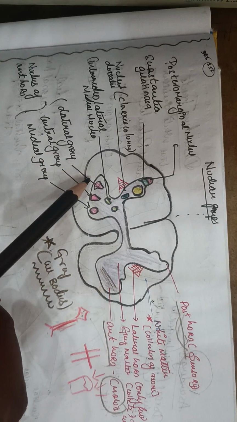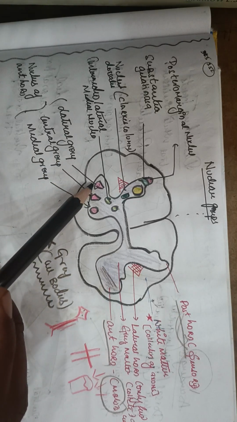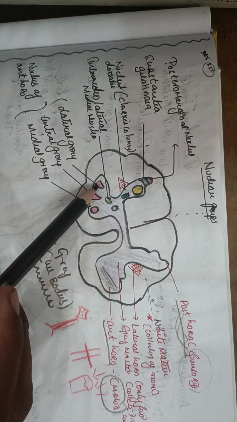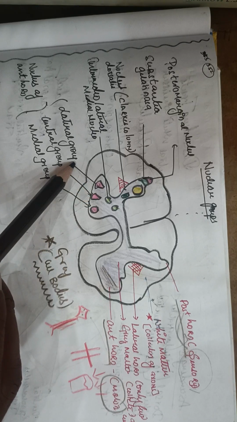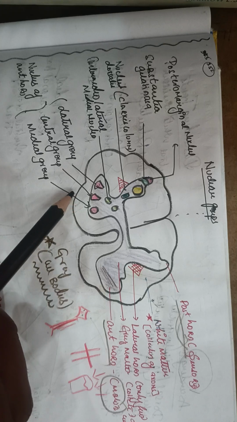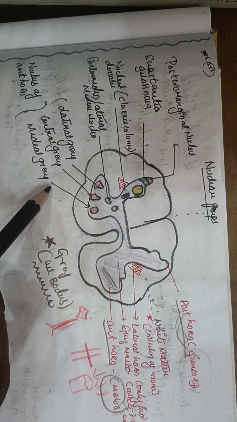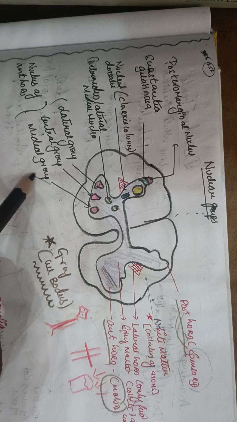This is the lateral nucleus. The one which is present in the central group or intermediate nuclei. The one which is present in the medial aspect is the medial nucleus.